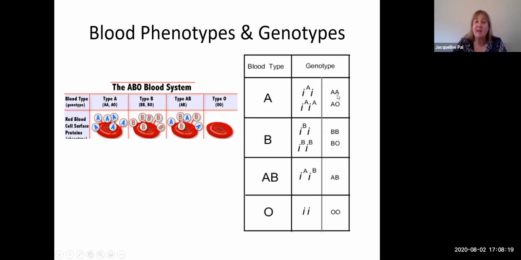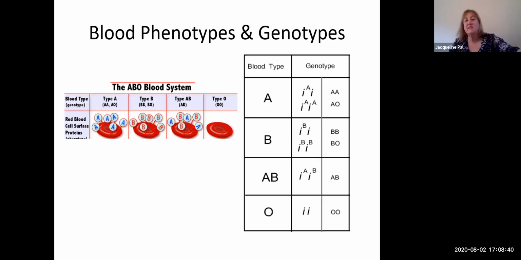If you're blood type A and you got the A gene from both parents, then your genotype is AA. Whereas if you only got the A from one parent and the other parent, I guess, didn't love you because they didn't give you anything, well, no, what it meant was they just didn't give you anything, then you could be AO. You could be heterozygous as opposed to homozygous, where both genes are the same.